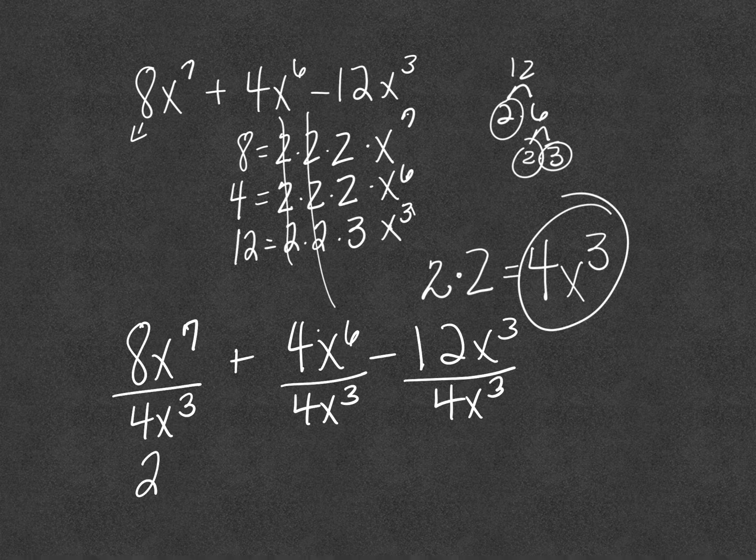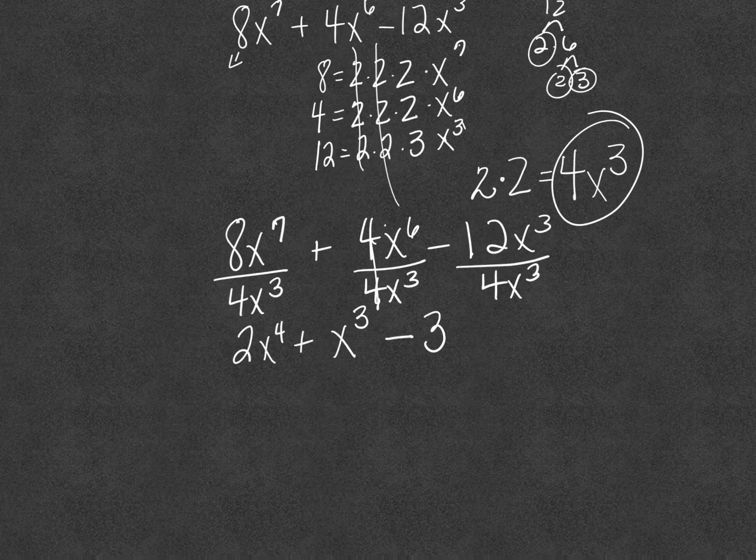When I subtract this here, I'm going to get 4 because 7 minus 3 is 4. Plus, this would be an invisible 1. I don't need to put it there, but x, 6 minus 3 is 3. I'm going to put my subtraction. 12 divided by 4 is 3. And my x is canceled out.